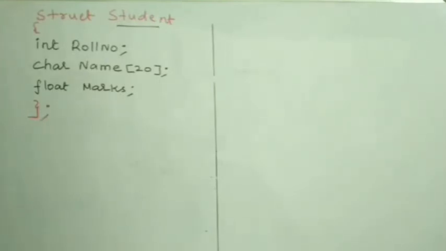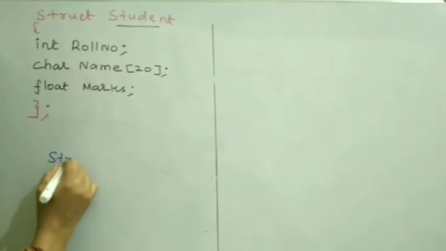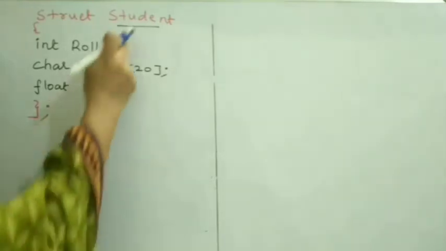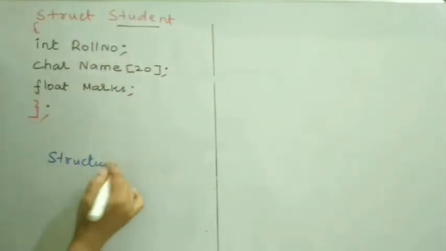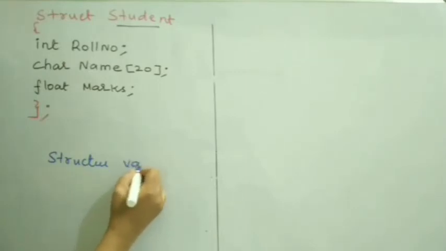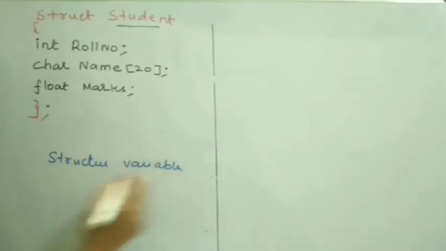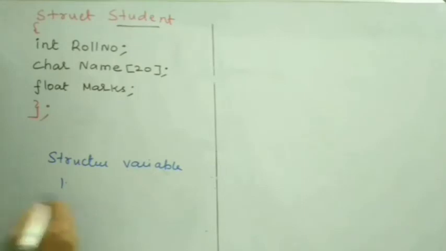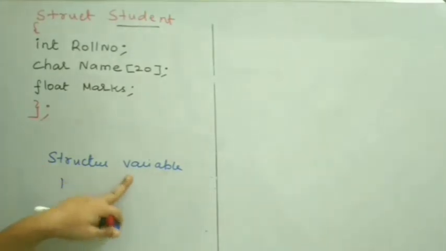Then how to declare a structure variable? Here my student structure is a user defined data type. I have two options to declare a structure variable.